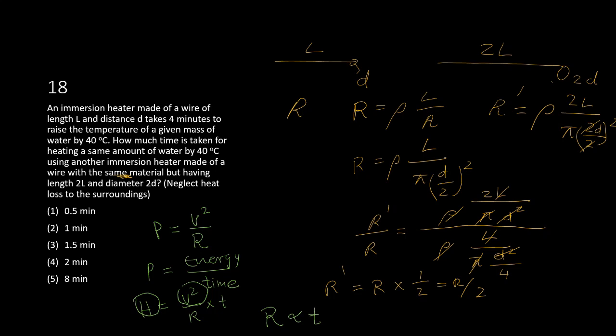So here the resistance is halved. Initial resistance is R and the final resistance R dash is R over 2. So when the resistance is halved, time taken also should be halved. The time taken for the first process is 4 minutes. Here it should take only 2 minutes.